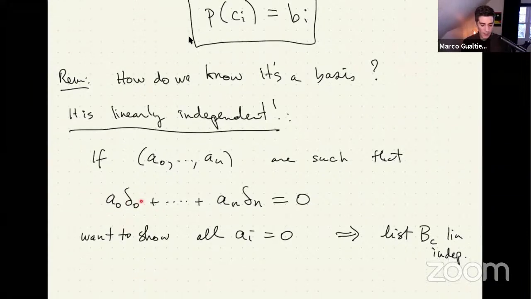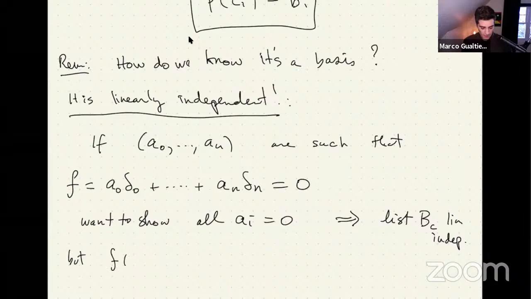But how do I prove this? Well, it's easy because this is an indicator basis, right? So if I evaluate this polynomial at the point C0, then what am I going to get? Let me call this polynomial F. F of Ci is equal to, if I evaluate it at one of my special points that my basis is adapted to, then delta j at Ci is going to be 0 for all terms except the ith term, and the ith term will give us exactly ai.